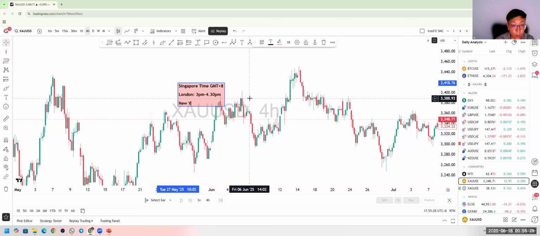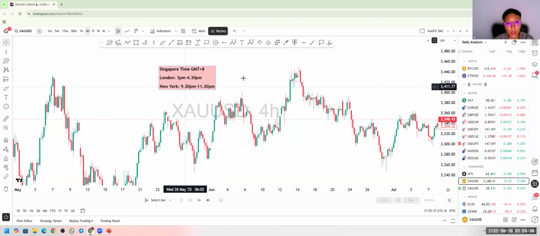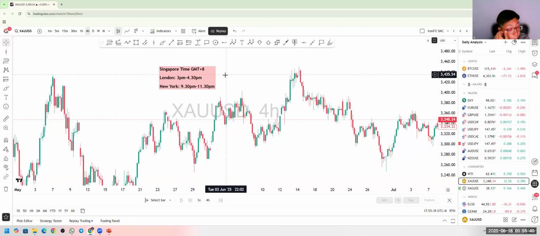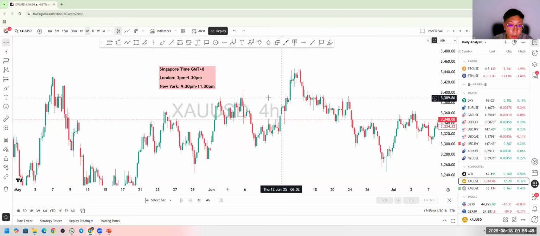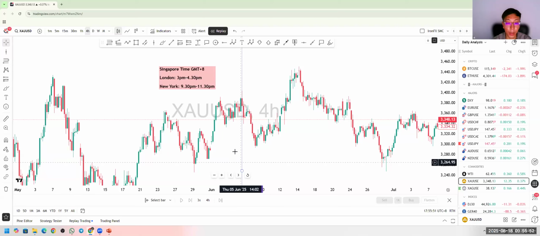New York, 9:30 p.m. Okay, so this is the timing that I only enter. Anything outside of that, I wouldn't enter. So you can see right here, if I were to place, yeah, right here, this is out of my trading zone. So I will only have traded right about this timing right here.